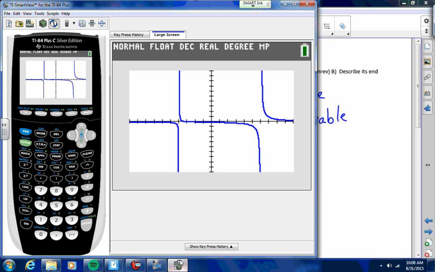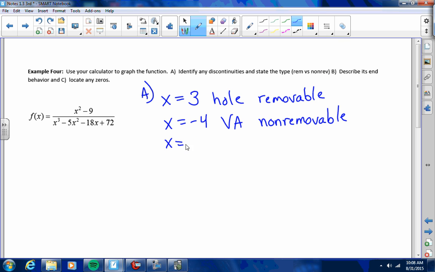Do we have another? We have this vertical asymptote, and we have the hole. So what else? At 6. Good. So at x equals 6, what is it? Vertical asymptote, so it's non-removable. Very good.